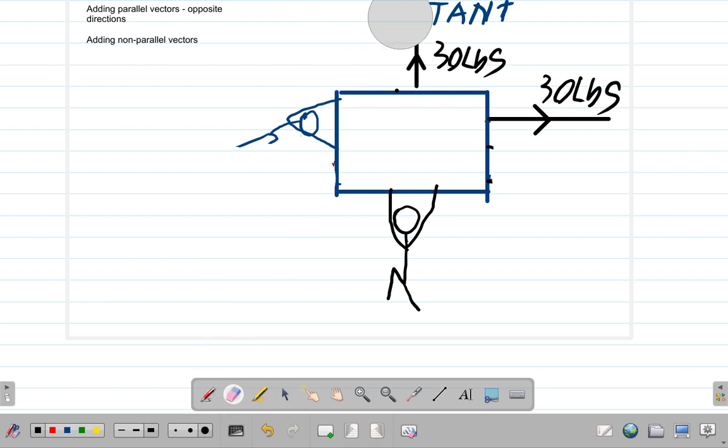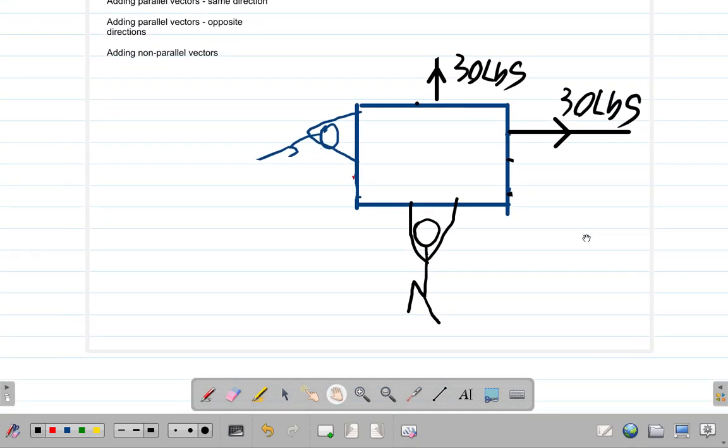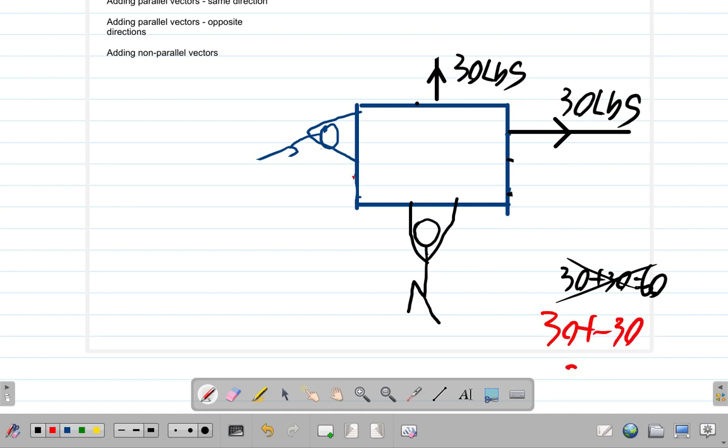How are you going to deal with this situation? Remember now, you cannot just add these numbers and say 30 plus 30 equals 60, that will not work. You cannot say 30 plus negative 30, which is 30 minus 30, equals 0. You cannot add them like that.